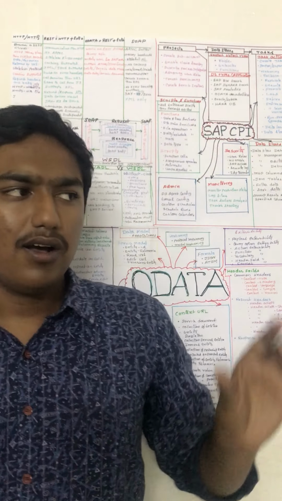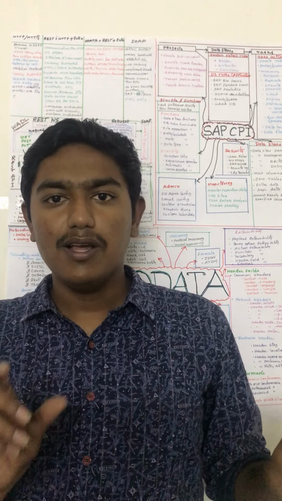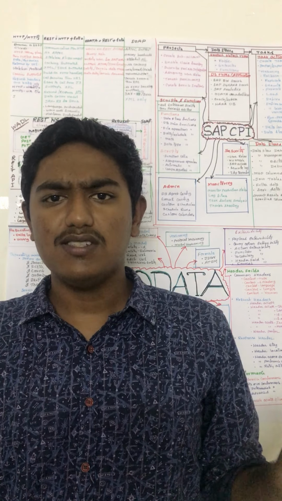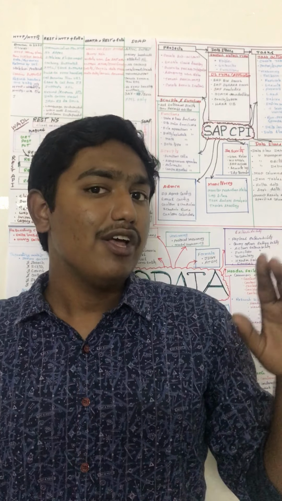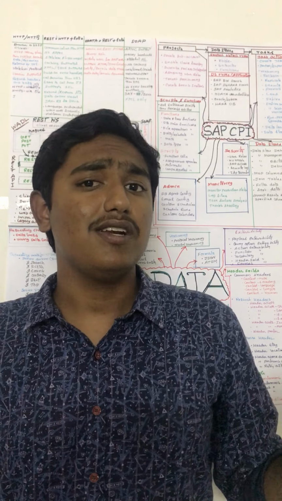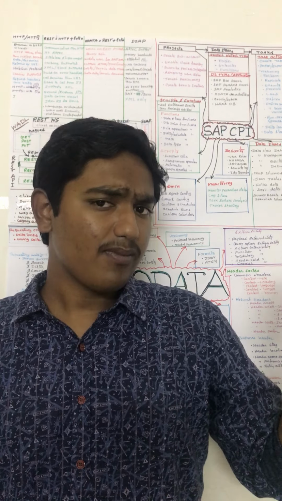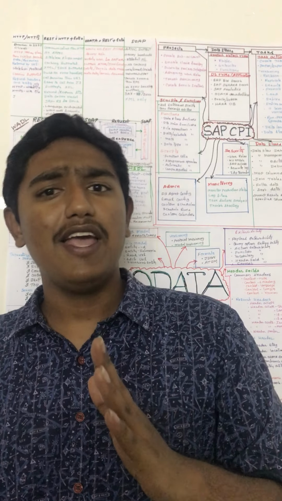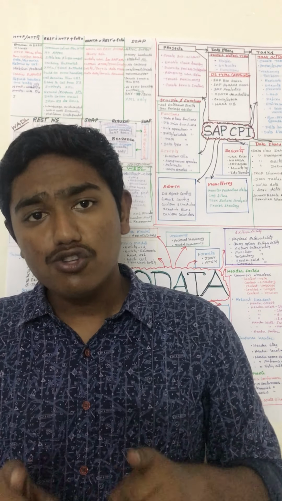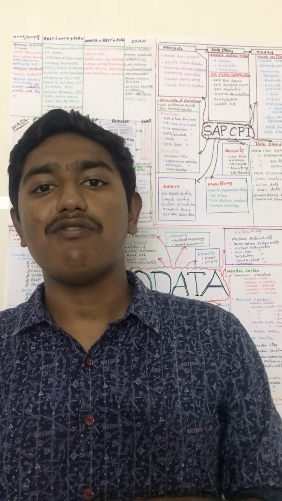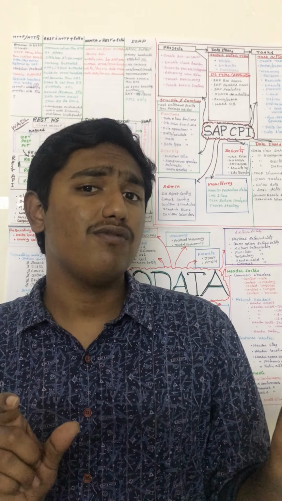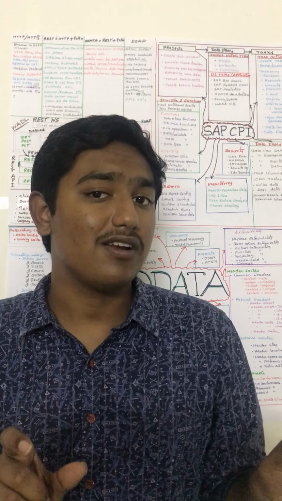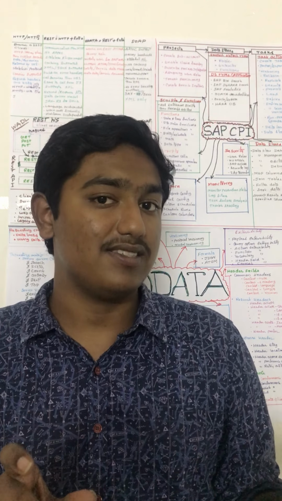Let us take the CPQ cloud tenant and the S4HANA database. In between we will have CPI, which acts as a middleware. When requesting information from CPQ to CPI, we use SOAP application programming interfaces, SOAP APIs.